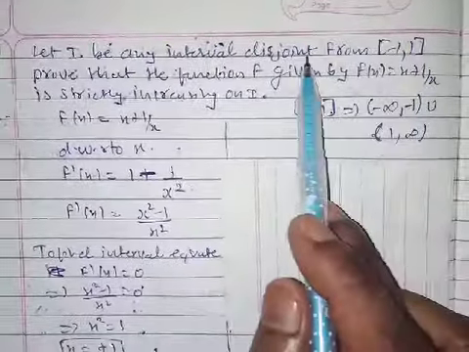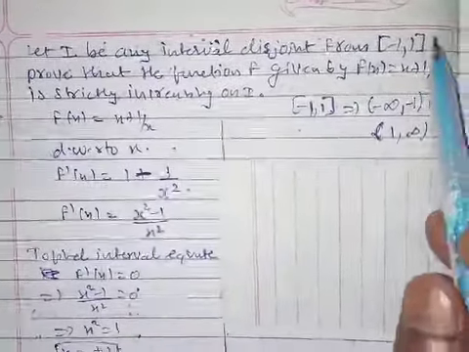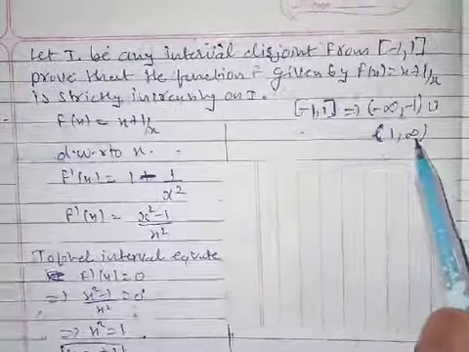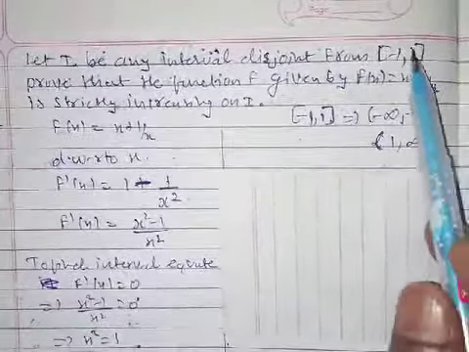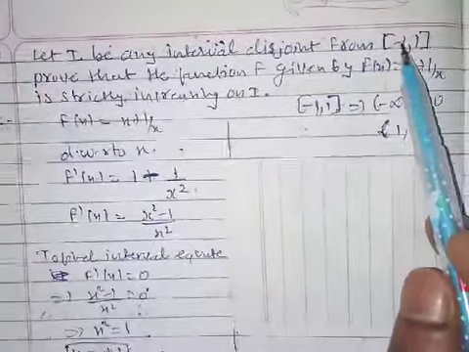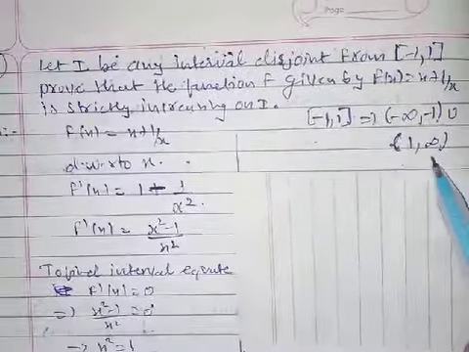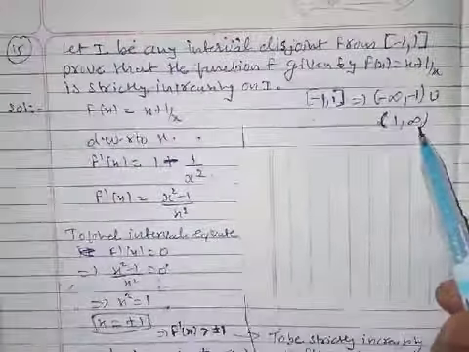Disjoint means minus 1 and 1 should not be included. Union the open interval 1 to infinity. That is what it means to say that minus 1 and 1 should not be included. So minus infinity to minus 1, union 1 to infinity.